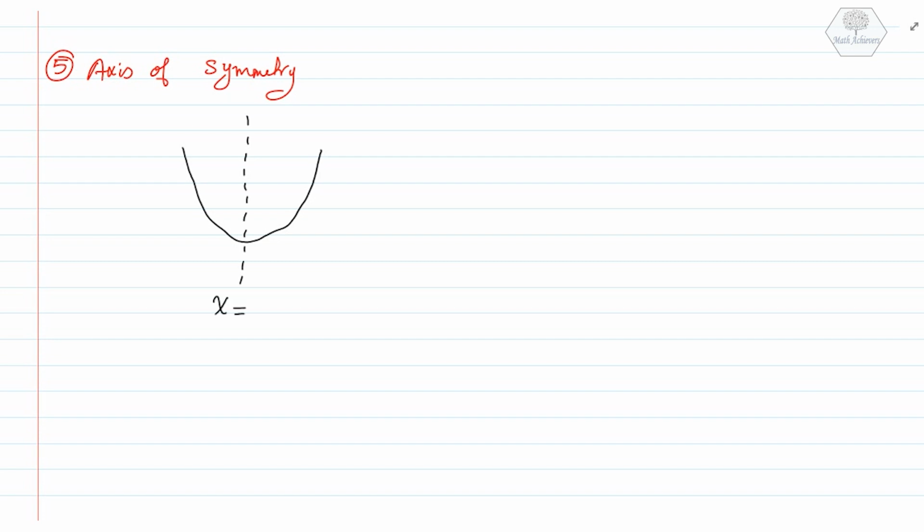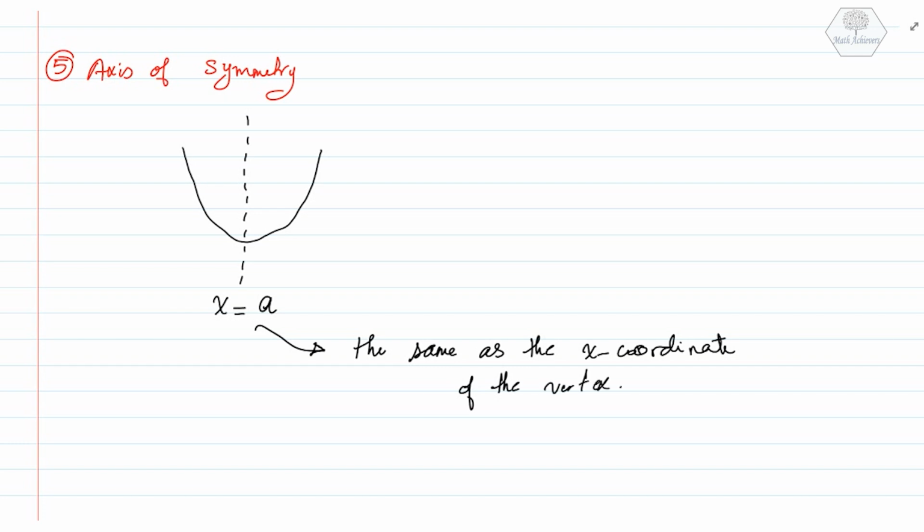X equals, let's say, A. The equation of the axis of symmetry is the same as the x coordinate of the vertex. As simple as this. By now we've covered all the main parts for a quadratic function.